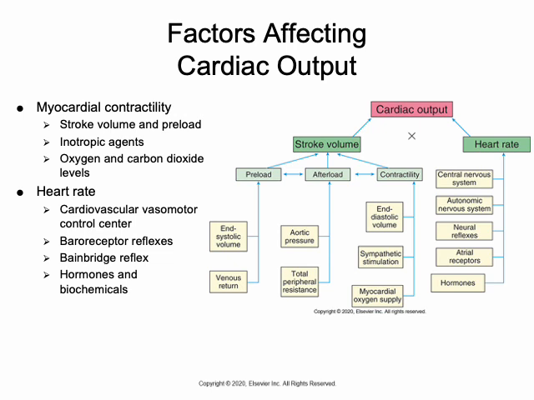The control of the heart rate includes the activities of the central nervous system, autonomic nervous system, neural reflexes, atrial receptors, and hormones. The cardiovascular vasomotor control center is in the medulla and the pons of the brainstem, with additional areas in the hypothalamus, cerebral cortex, as well as the thalamus.